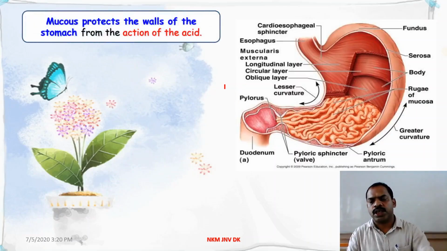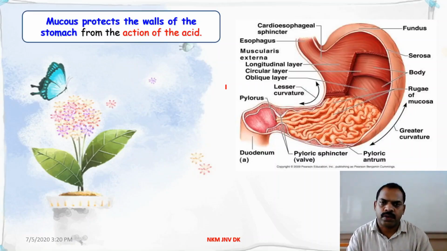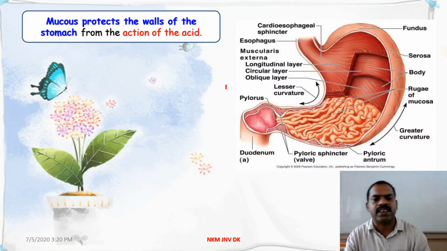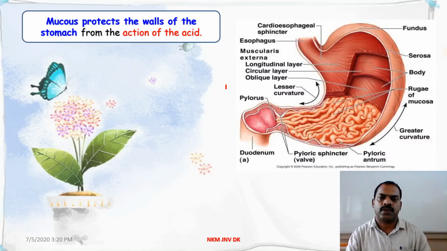The other one is the mucus layer. Do you think that a very strong acid, 1.5 to 2.5 pH HCl, can also spoil or destroy the wall of our stomach? Okay, it can digest it, but why not? Because we have another secretion, the third secretion, called mucus. How does mucus protect?